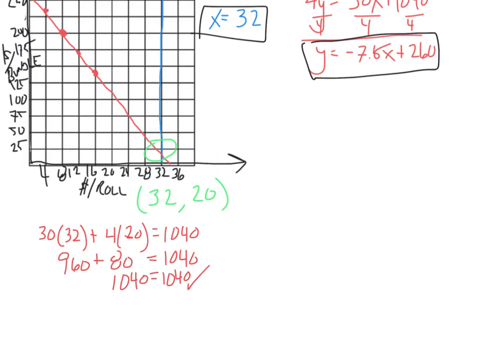But again, remember, it has to work for both. So if I now switch to that second one, we said that that one was 8 times x equals 256. So 8 times that 32, does that give me 256? And it does.